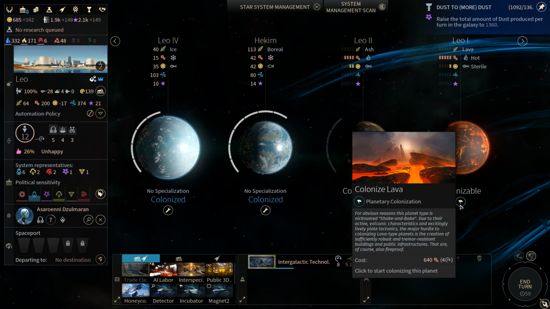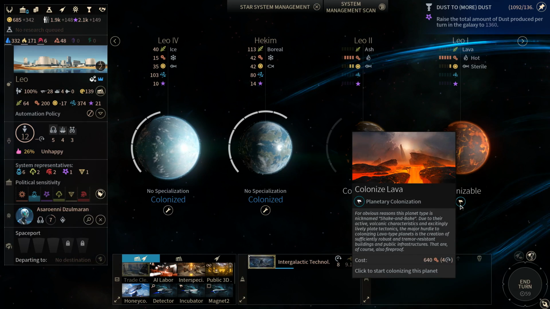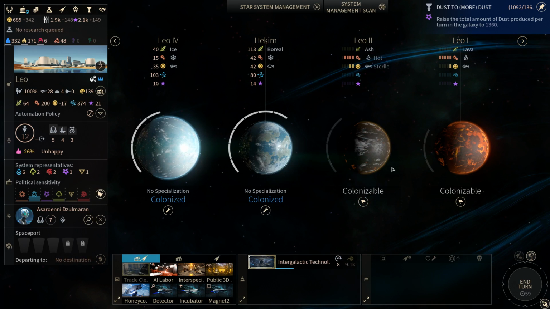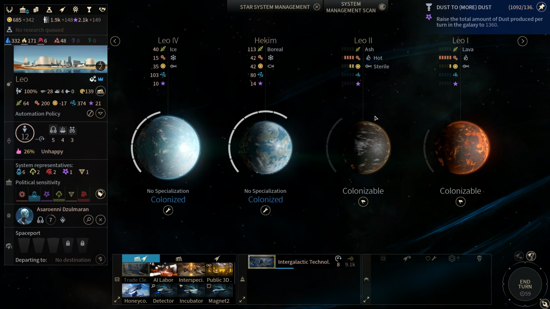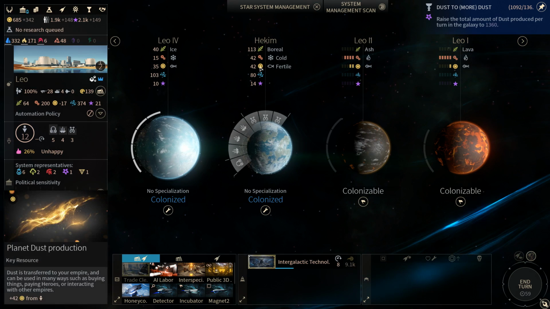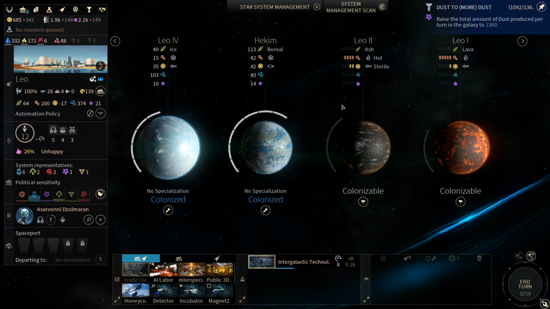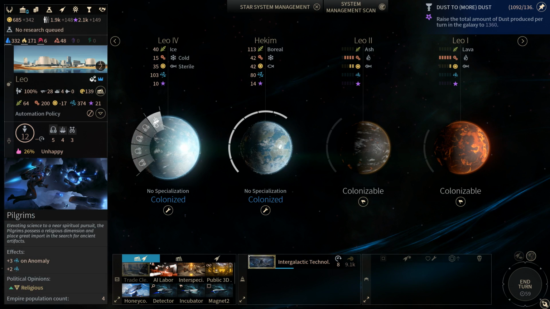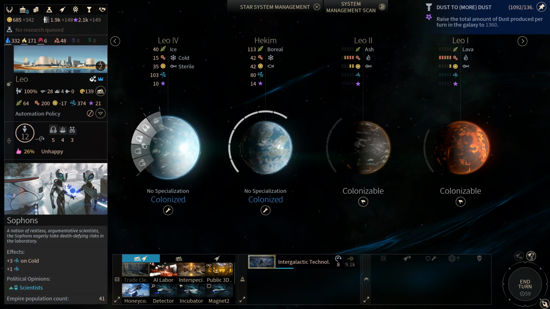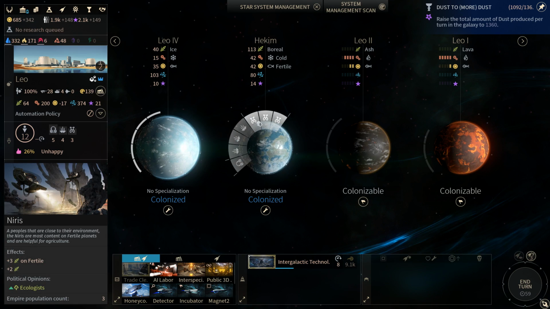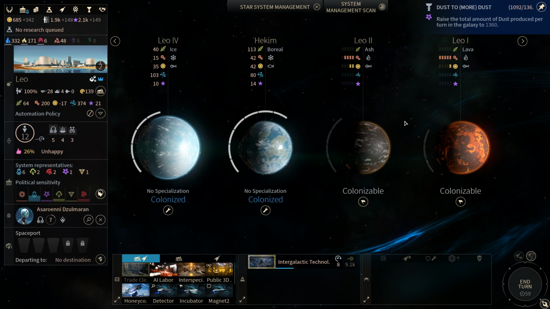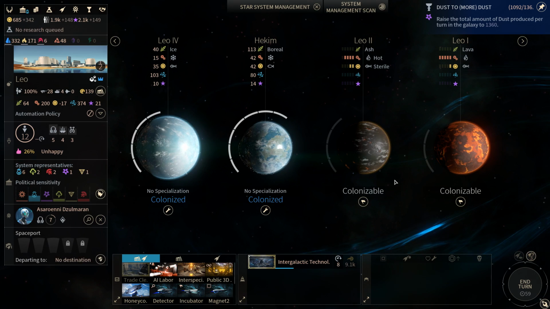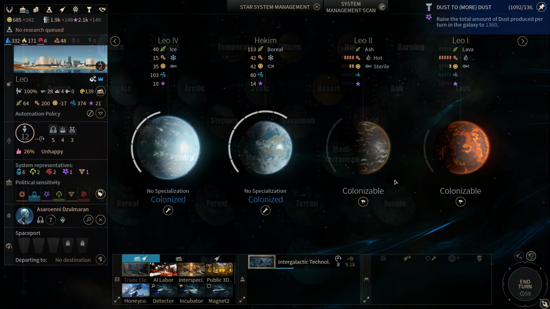Lava actually cost me 4 turns because it's 640 production, and ash cost me 320 production, so only half of that, so it's also easier to colonize. And it has an extra population slot, which means I would get 1 more bonus from that population. For example, here, this one would give me +2 science, and this one here would give me +1 science, and this one would give me +2 food. So there is a big difference in planets, and not all of them are worth the same.